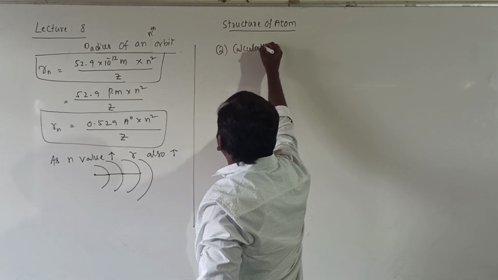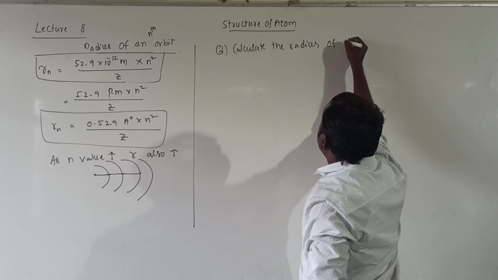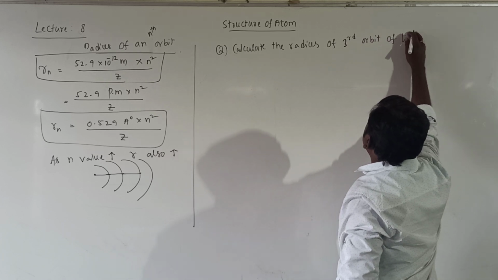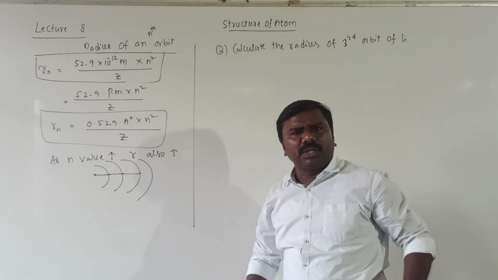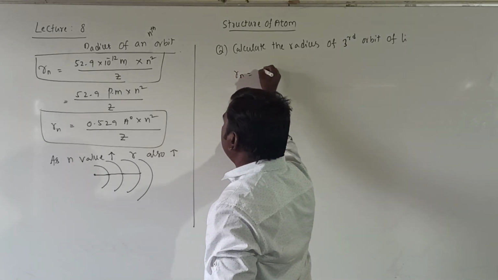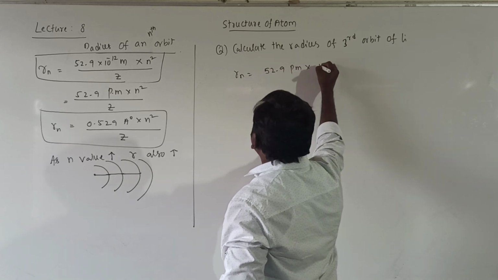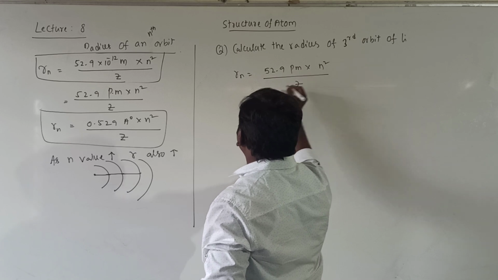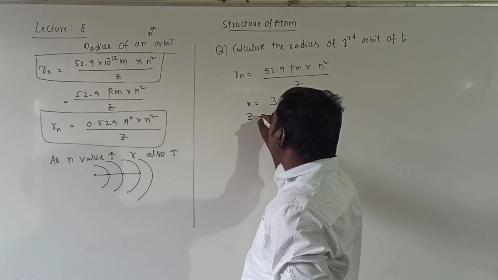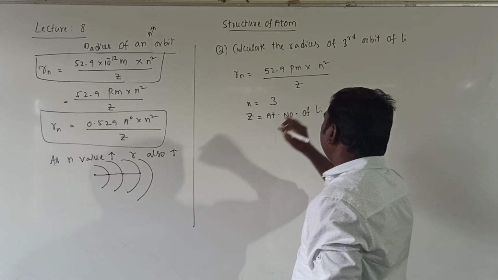Now the formula is Rn equals 52.9 picometers into n square by z, where n equals 3 for the third orbit, and z equals the atomic number of lithium, that is 3.